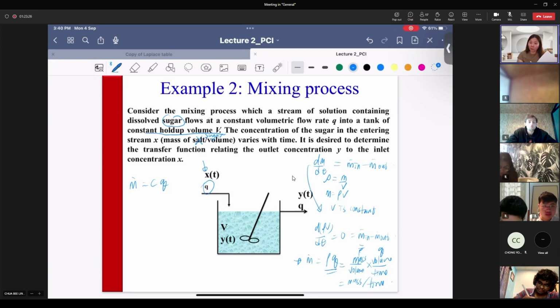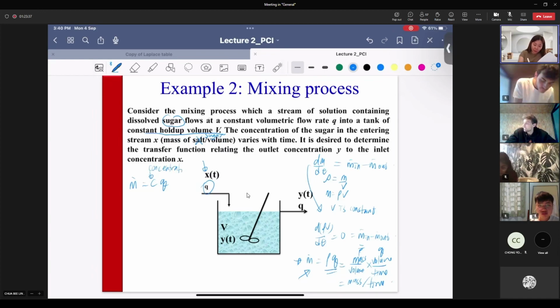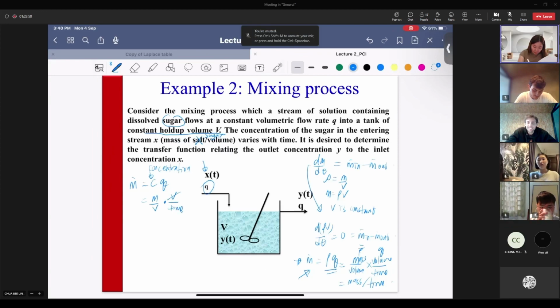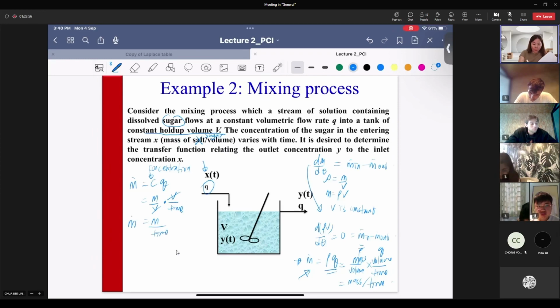If density is given and concentration is not given, then your mass rate should use rho multiplied with Q. If concentration is given like this example, concentration is actually the mass over the volume, multiplied with the volume over the time. When you cancel, you get mass over the time, which means this is the mass rate. So you'll be using C, concentration, multiplied with the volumetric flow rate, Q.